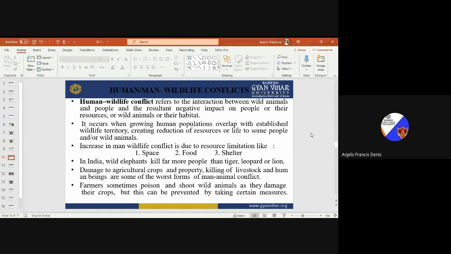Damage to agricultural crops and property, and killing of livestock and human beings are some of the worst forms of man-animal conflict. Farmers sometimes poison and shoot wild animals as they damage their crops, but this can be prevented by taking certain measures.